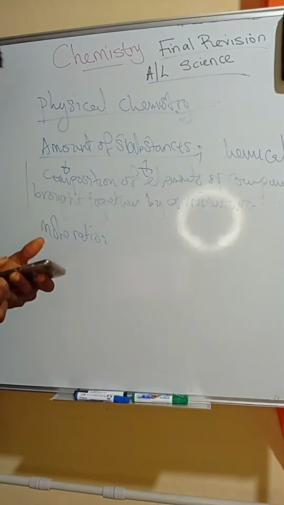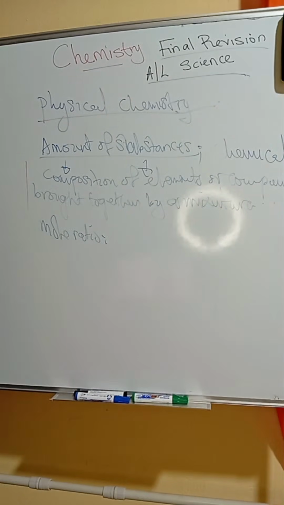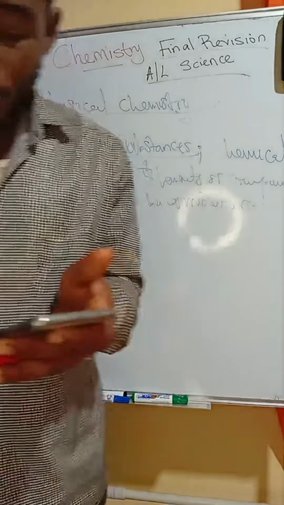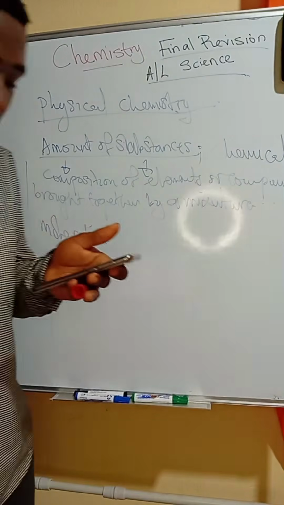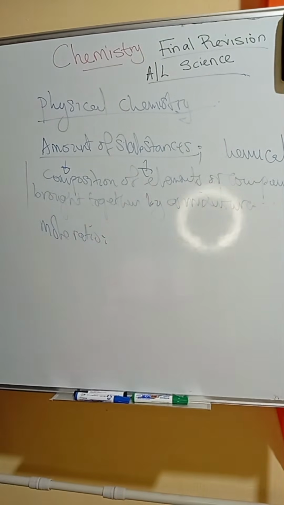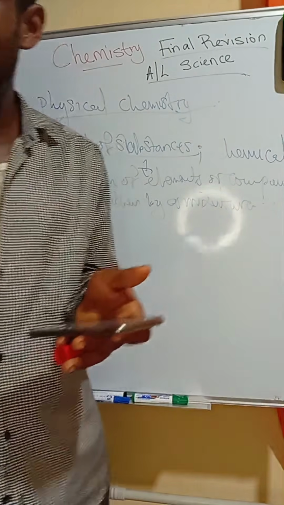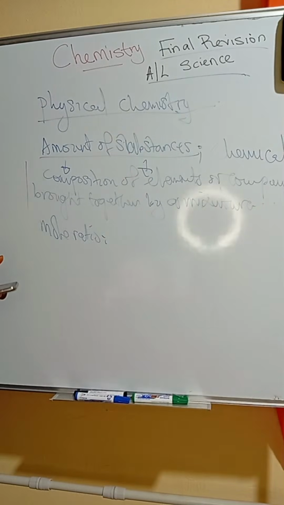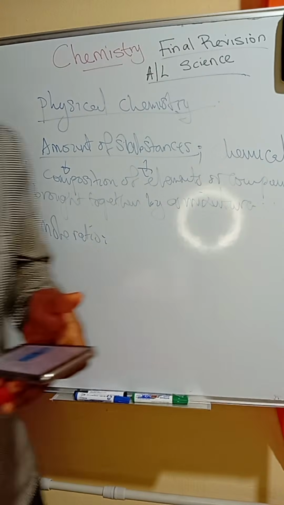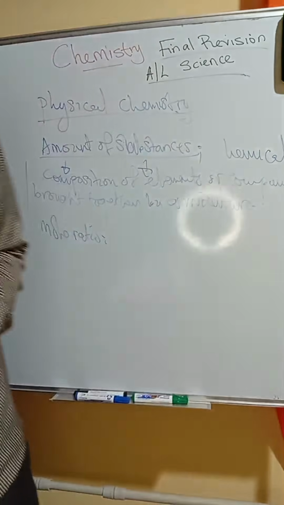Good. A mole ratio is simply the proportional relationship between the number of moles of any two substances involved in a balanced chemical equation.